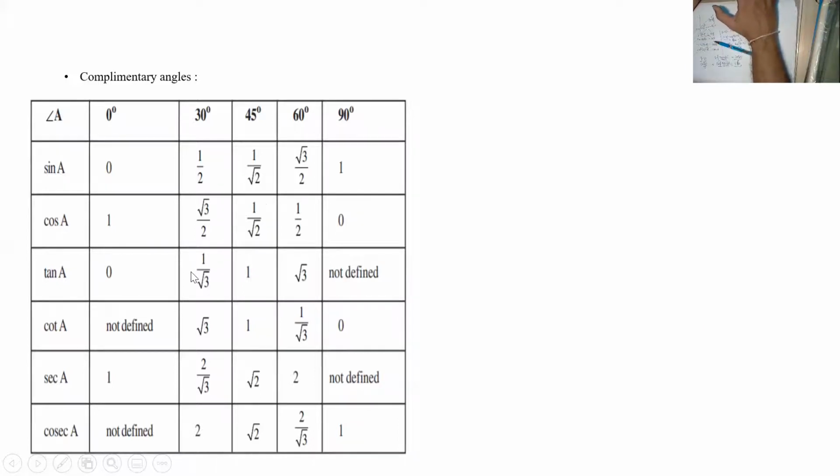Tan 30 is 1 by root 3, cot 60 is 1 by root 3. Tan 60 is root 3, cot 30 is root 3. So these are all complementary angles. Again, tan 45 is equal to cot 45. Similarly, secant 30 is 2 by root 3, which is equal to cosecant 60. So this is complementary angles, which we can see from the figures also.